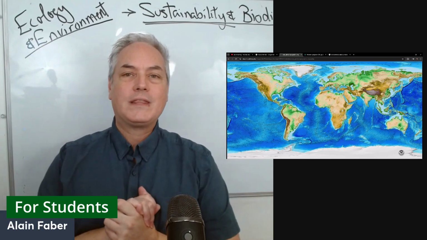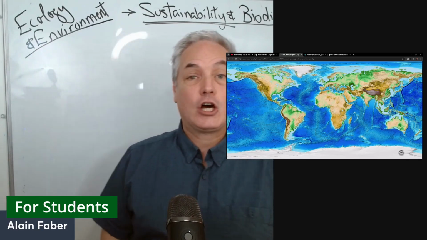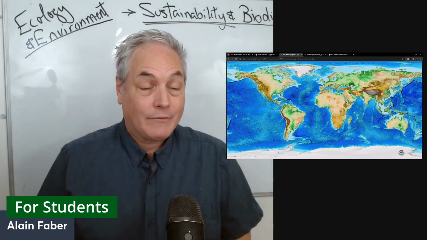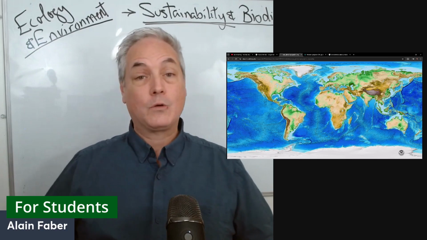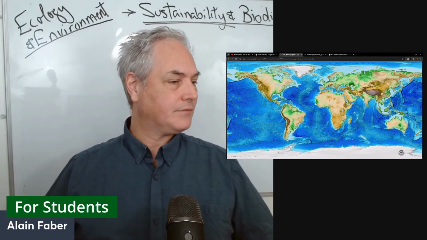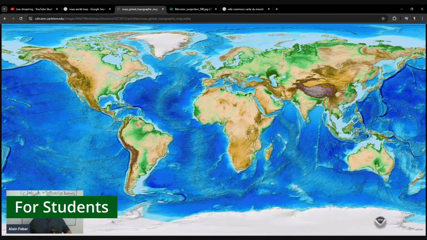So first of all, when we think of environment, ecology, and biodiversity, we have to keep in mind where we are living. Here I have a map of the topography of our world. If you look at it, you realize that in some places we have our oceans, which is salt water. We also have areas here in green, which are very close to sea level.